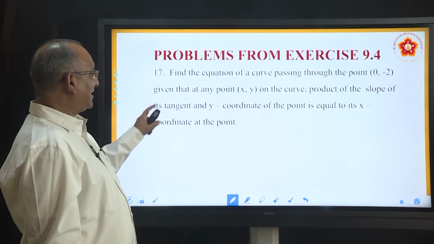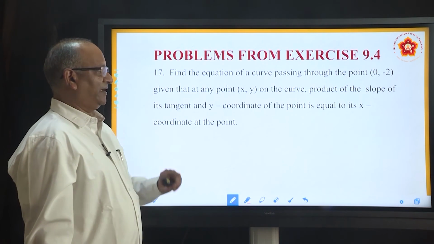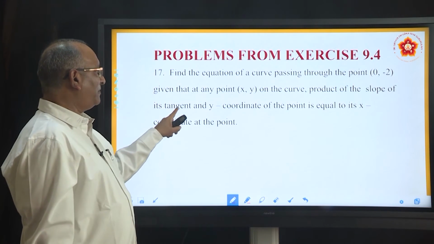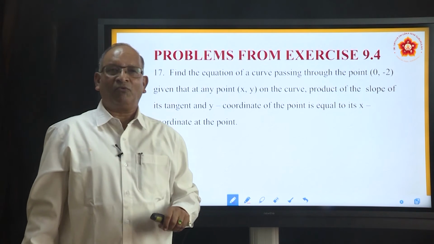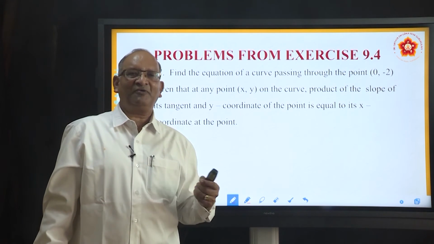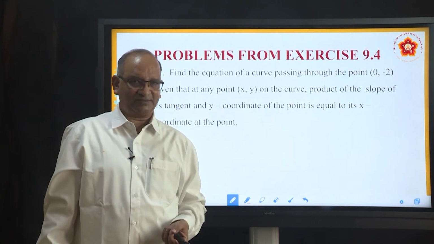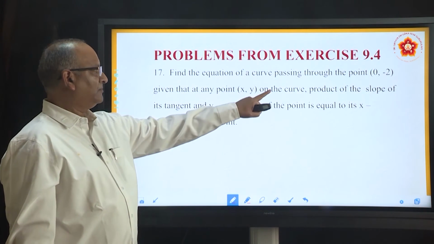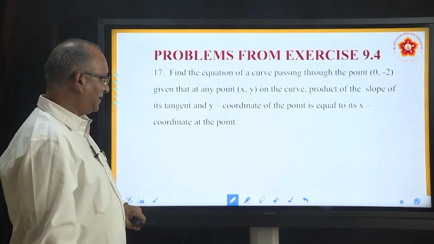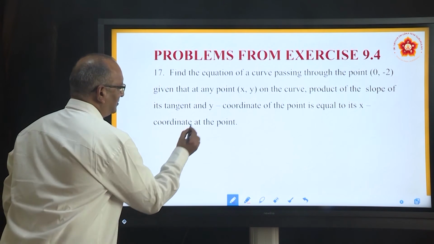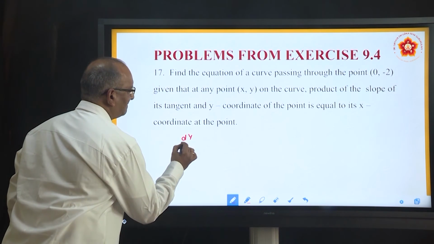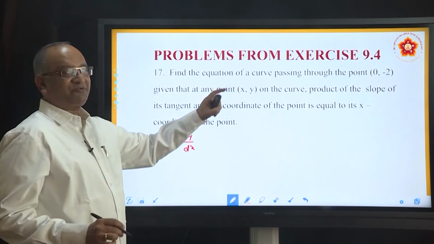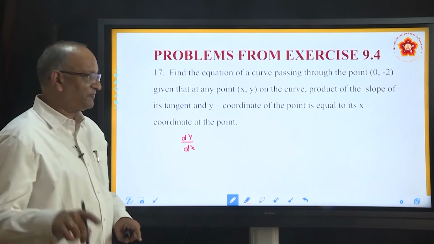He says, given that at any point xy on the curve, product of the slope of its tangent. What is slope of tangent? Slope of tangent is nothing but dy by dx. So the slope of the tangent and y coordinate, product of these two means dy by dx into y, remember, at the point xy. So what is its y coordinate?